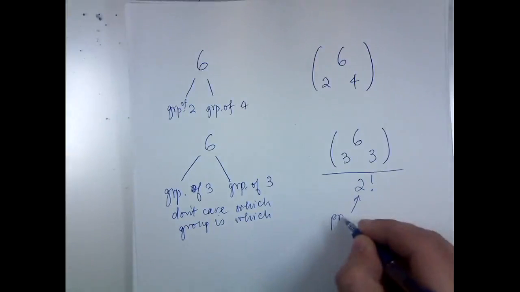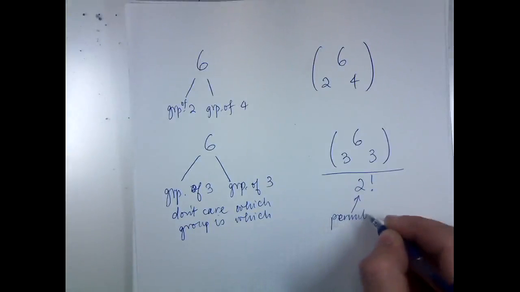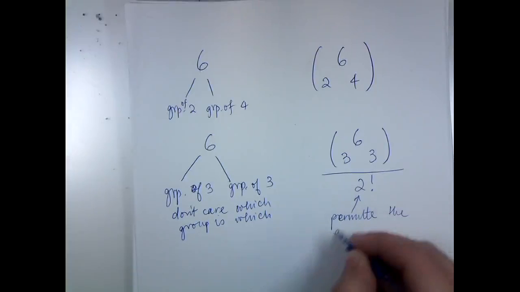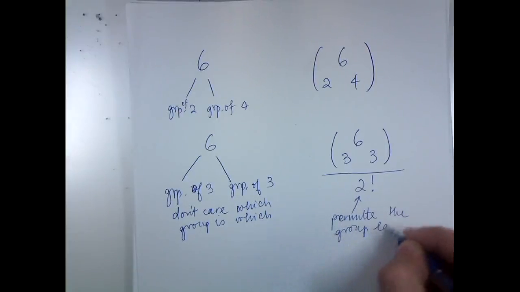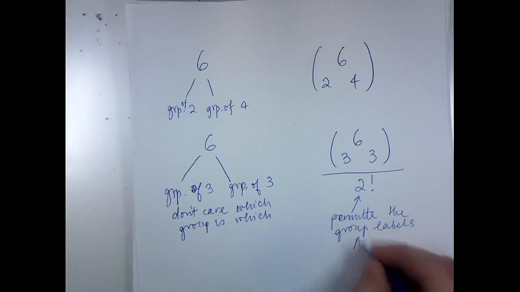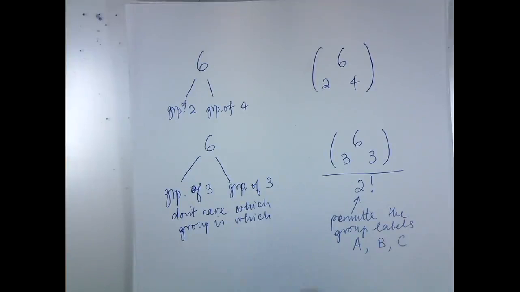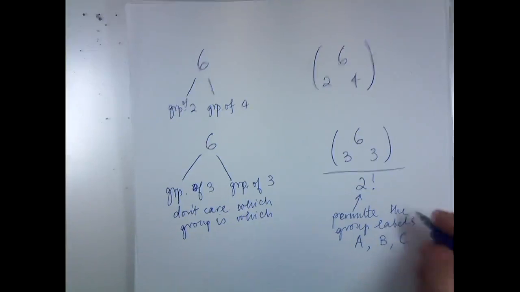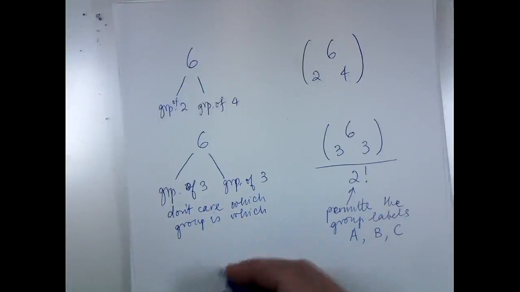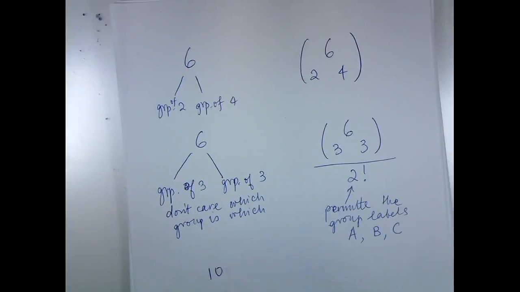And the way to think about that is to permute the group labels. The group labels typically have letters if you think of the letter interpretation of multinomial coefficients, and if you permute those letters you get the same assignment. That's what it means.